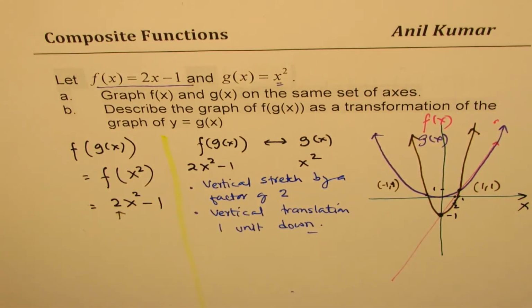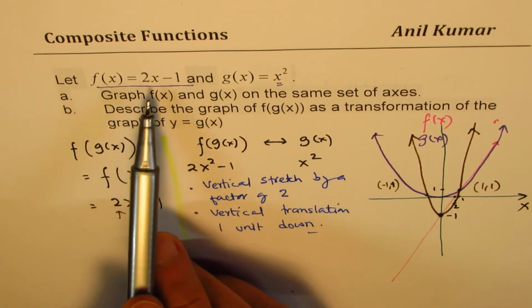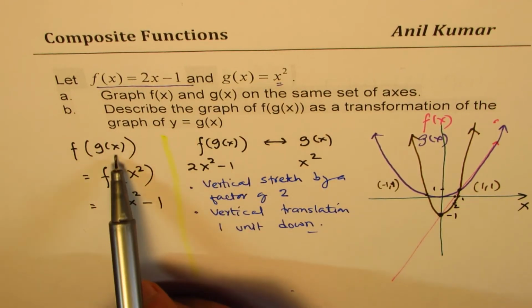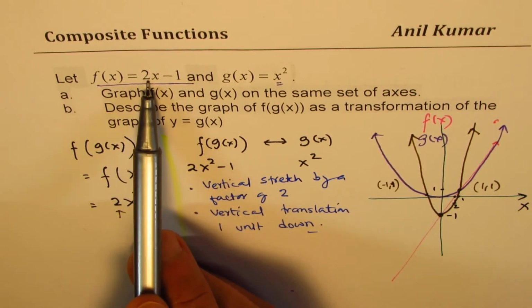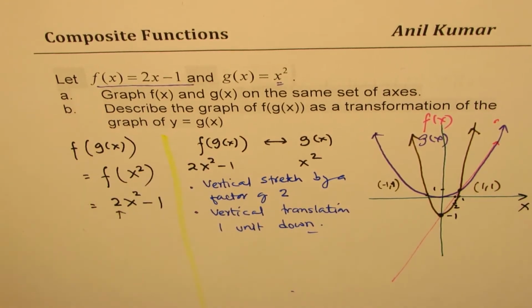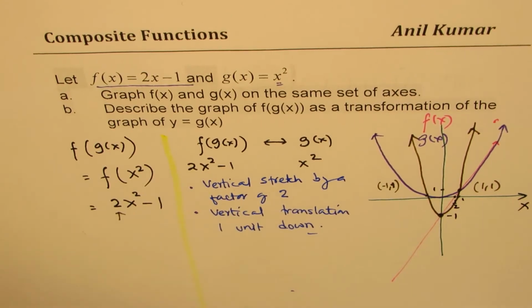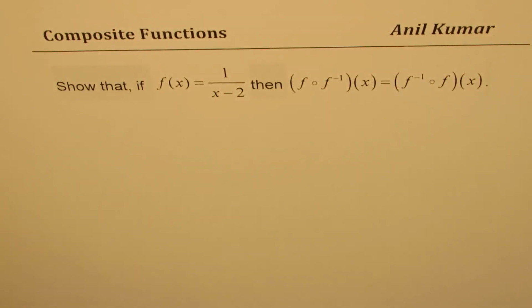So that function gives you the transformation. Whenever you're doing composite functions, remember that you could represent them as a kind of transformation of the inside function by the outside function parameters. You get an idea, correct? So let's move on. I think that is a good concept to remember.